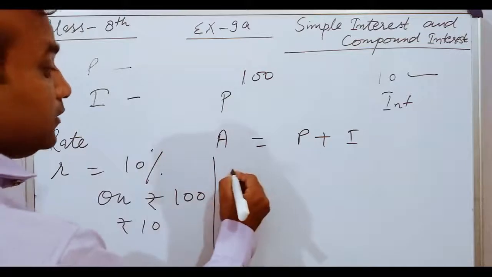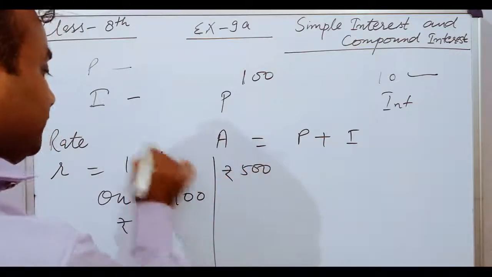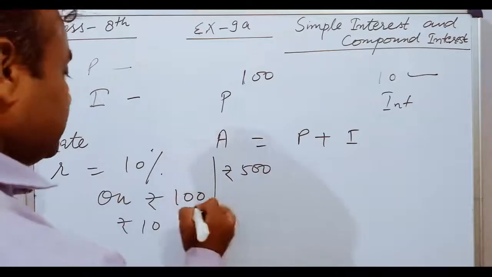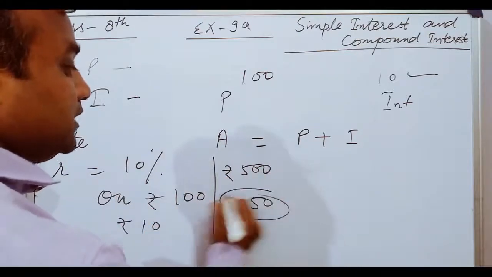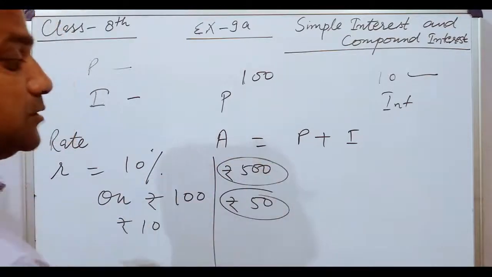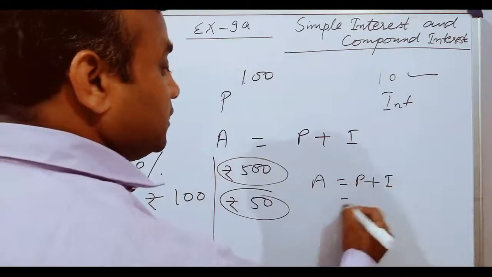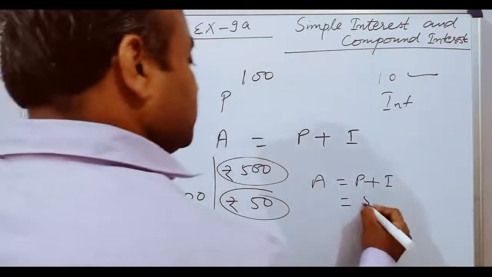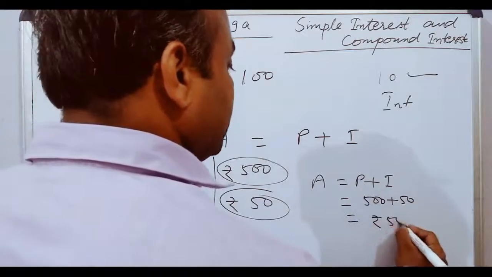Then on 500 rupees, if 10% is there, then 50 rupees extra. This is interest and this is principal. Amount equals principal plus interest, means 500 plus 50 equals rupees 550.